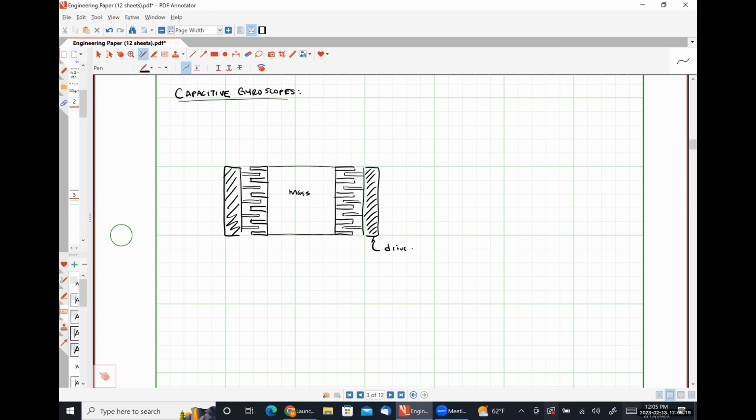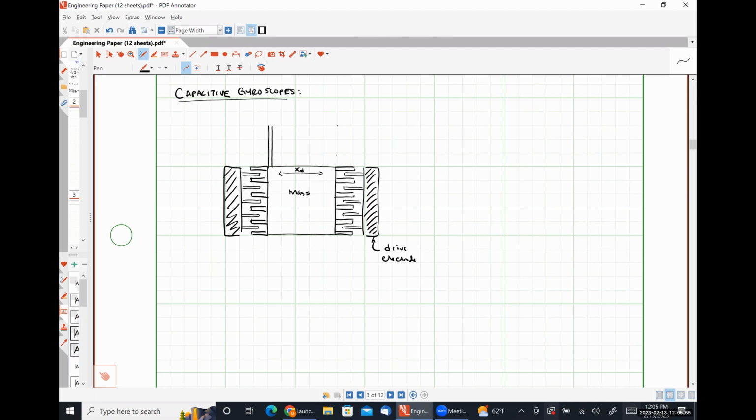So this set of comb drives is our drive electrode, and it allows movement from left to right. So this is going to be common to both of the designs that we're looking at here. So let's do this one first.